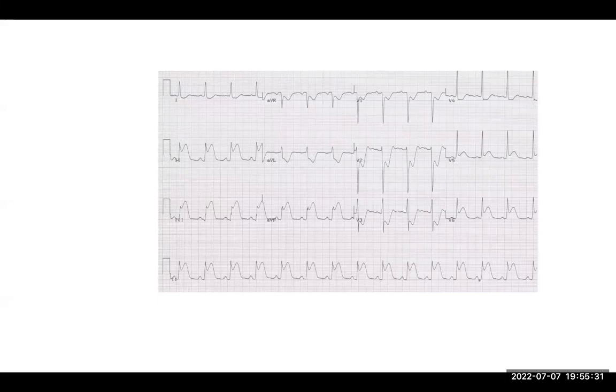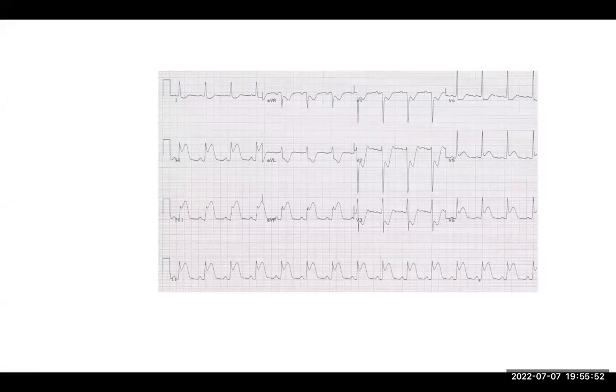Why? Because the posterior part of the heart, we don't usually put leads. The standard leads usually finish at V6. But if you want to confirm ST segment elevation in the posterior part of the heart, you can do V7 and V8, usually put at the back of the patient.